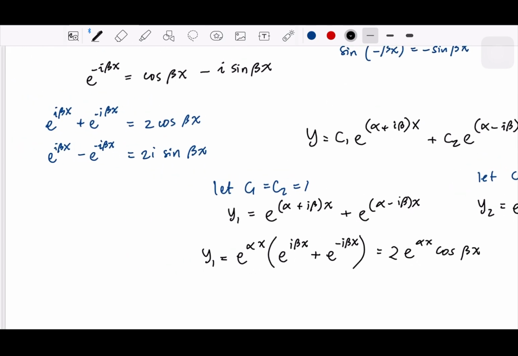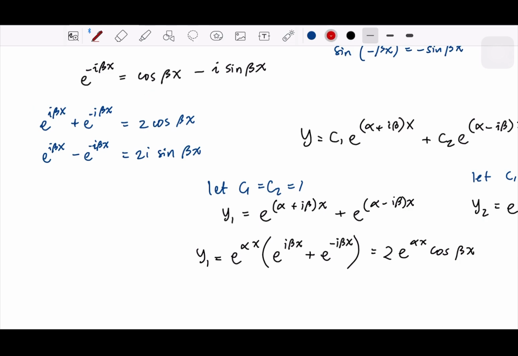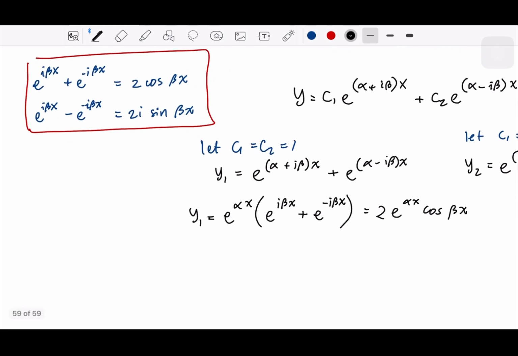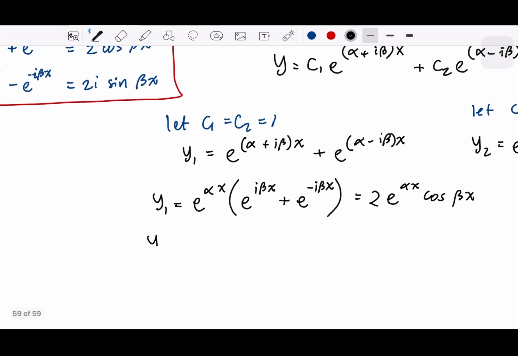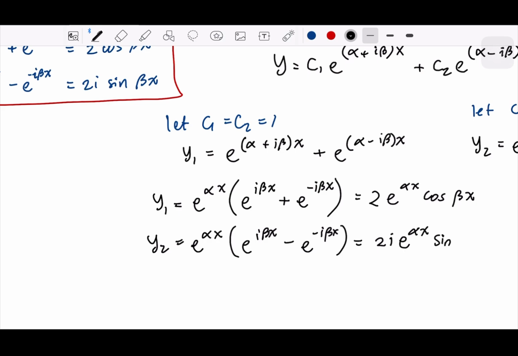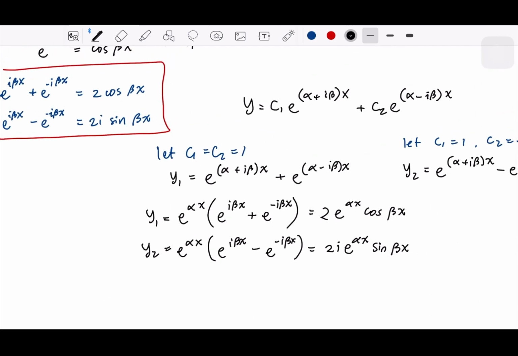This is from the one on the left here. And y2, the same way, we have e to the i beta x minus e to the negative i beta x, and this will be 2 imaginary number e to the alpha x sine beta x.